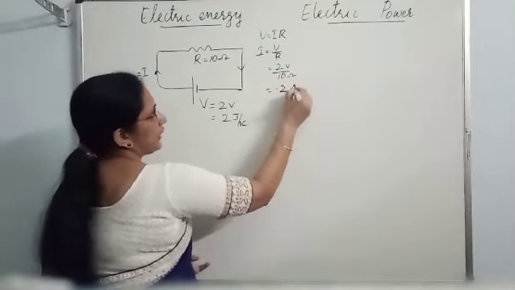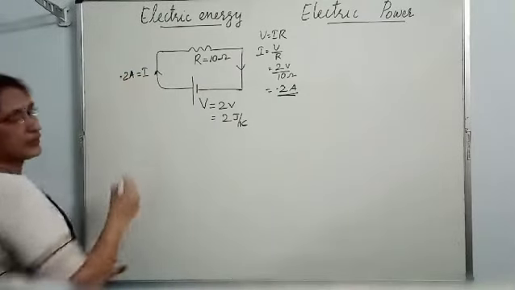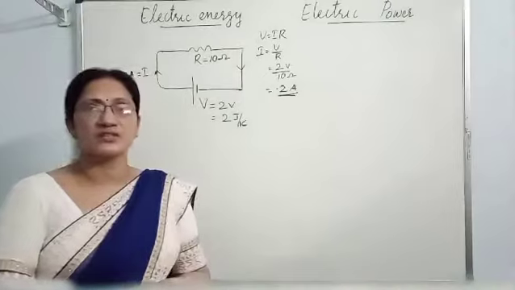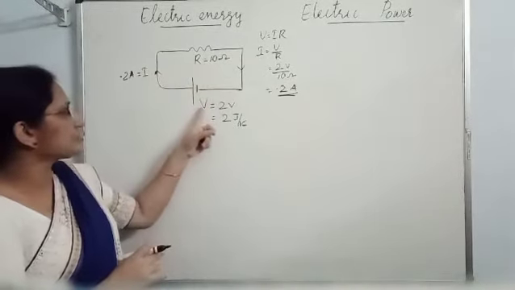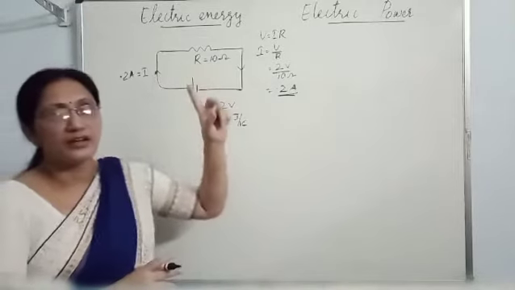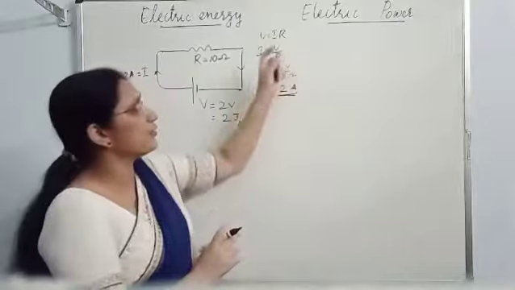So 0.2 ampere is the current flowing in the circuit. So out of these 3 terms, V, I and R, if you know any 2 terms, the third term can be found out by using Ohm's law.